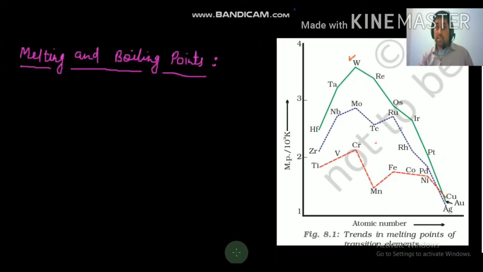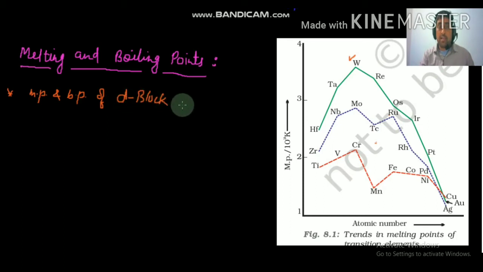So you see what trends there are in melting point and boiling point. The first point: the melting and boiling points of d block elements are higher than those of s block elements.